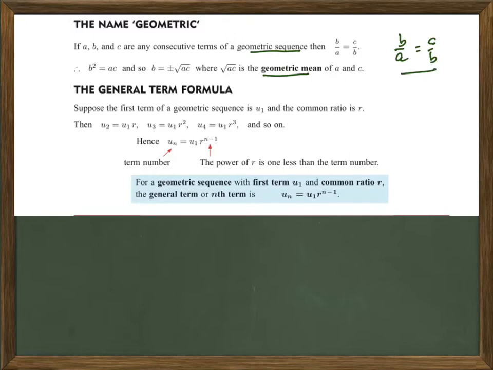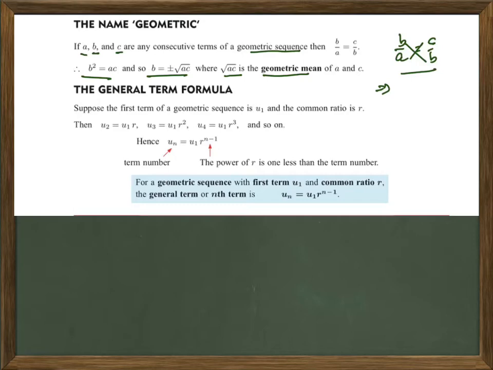Because we know the common ratio r can be found by the second term divided by the first term, that is B by A, which equals the third term by the second term, because the third term by the second term also gives the common ratio r. So here we get B squared equals AC, and then B equals plus or minus the square root of AC, where the square root of AC is the geometric mean of A and C.